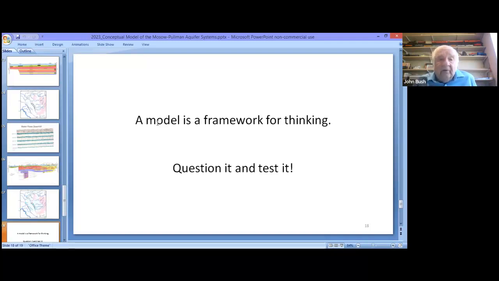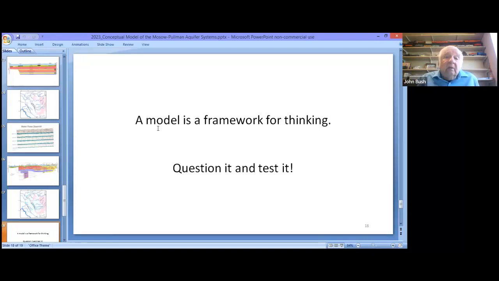I think the model I presented here will help any researcher focus on their area of study. I think it will help a person just interested in the aquifer system, trying to understand how it works, wanting to read some of the academic and consulting reports.